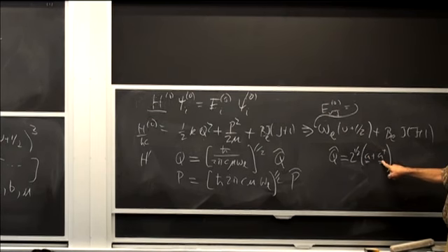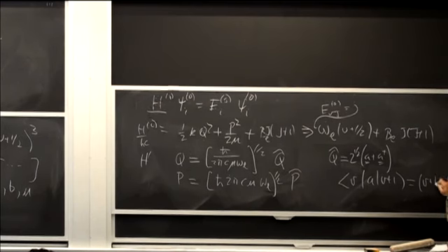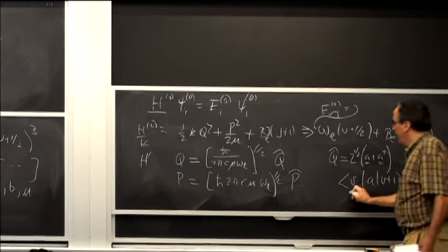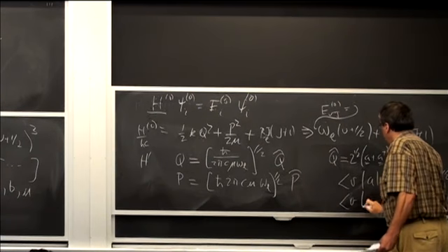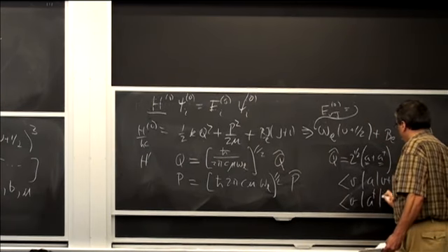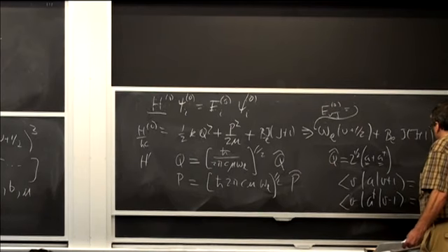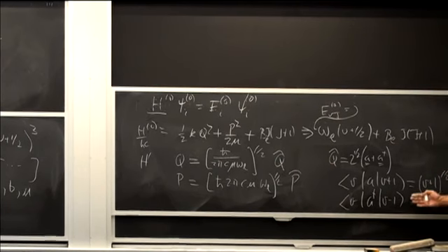So if you write it this way, A on v plus 1 and v, you get square root of v plus 1. And if you write v, A dagger, v minus 1, you get square root of v. So there's only one non-zero matrix element of A and A dagger. Q has two non-zero matrix elements because it's a sum of A and A dagger.